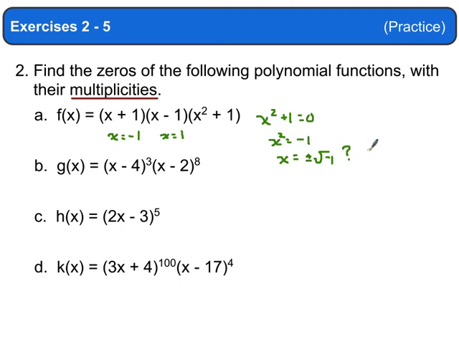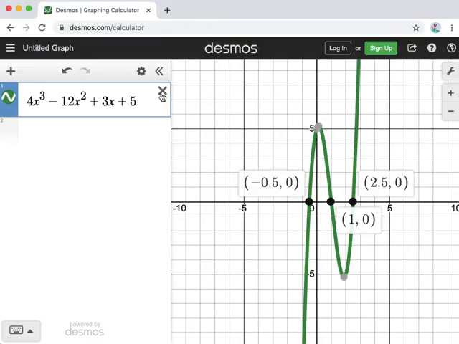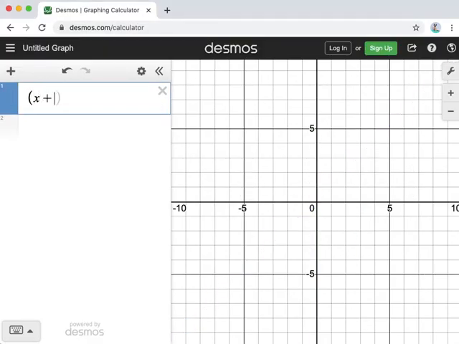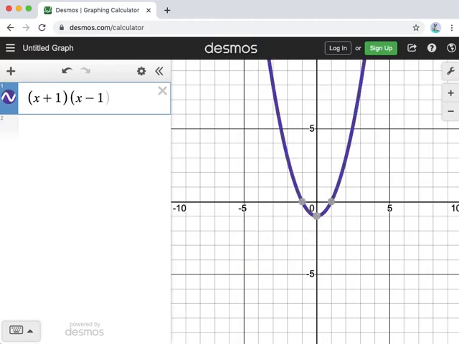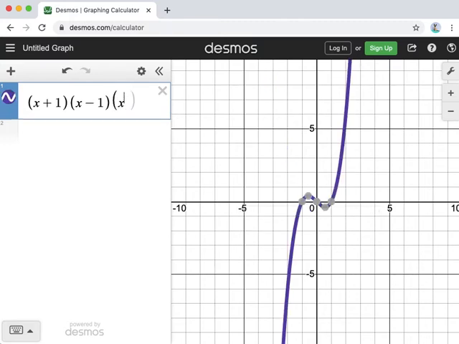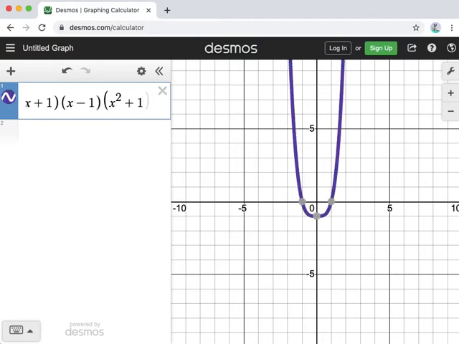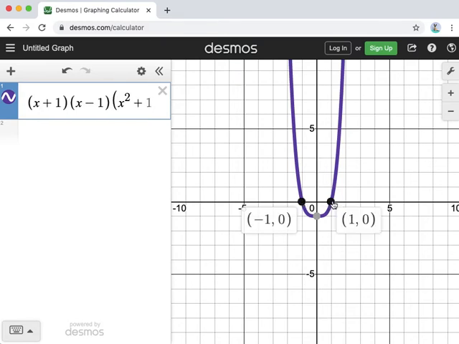So let's take a look at the graph and see what happens. If we were to type in x plus 1, there's an obvious 0. If I was to type in x minus 1, there are these. And if we were to type in x squared plus 1, we would get this. And so we see these values here in this design.